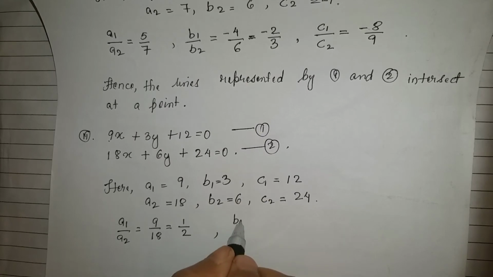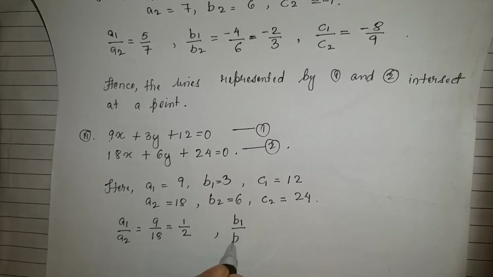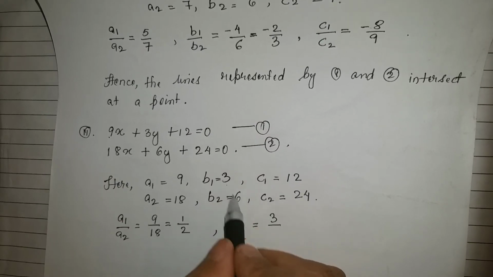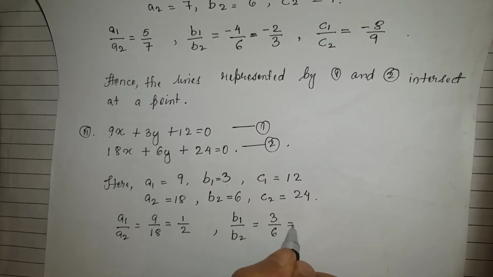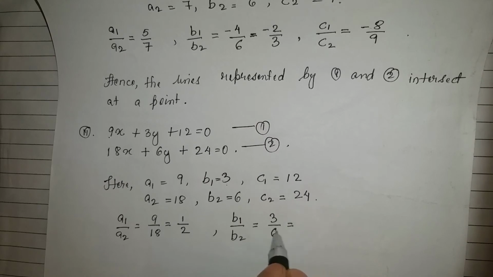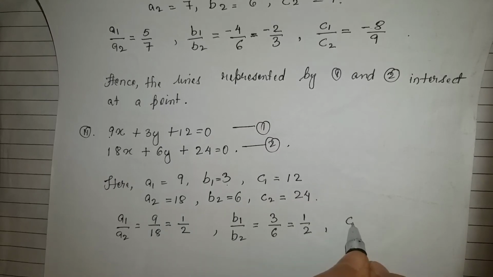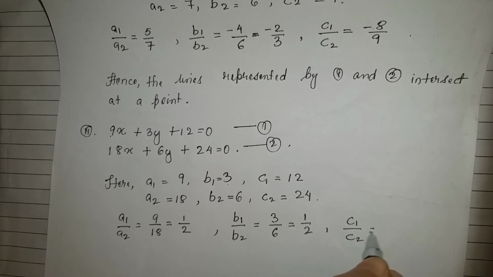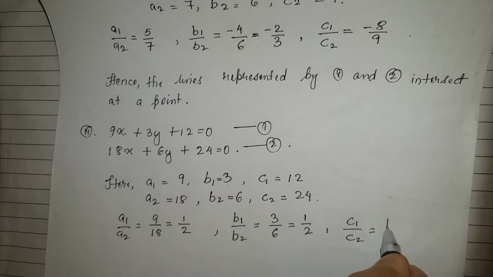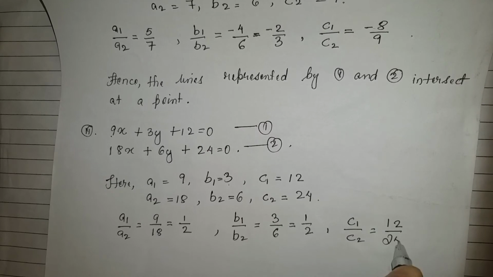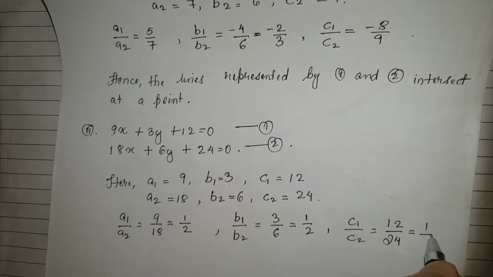The ratio b1 by b2 is 3 by 6, we will get 1 by 2. Next, the ratio c1 by c2, which is 12 by 24, we will get 1 by 2.